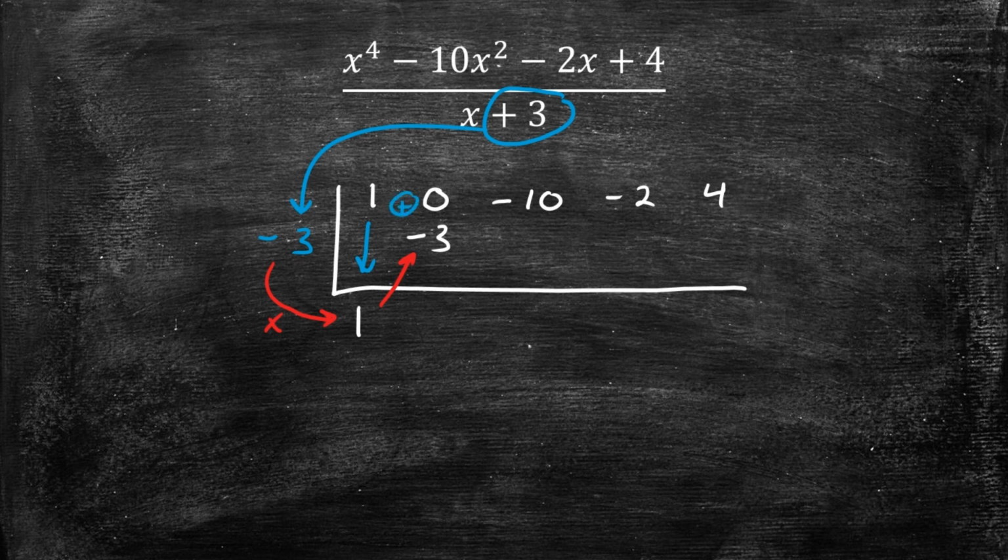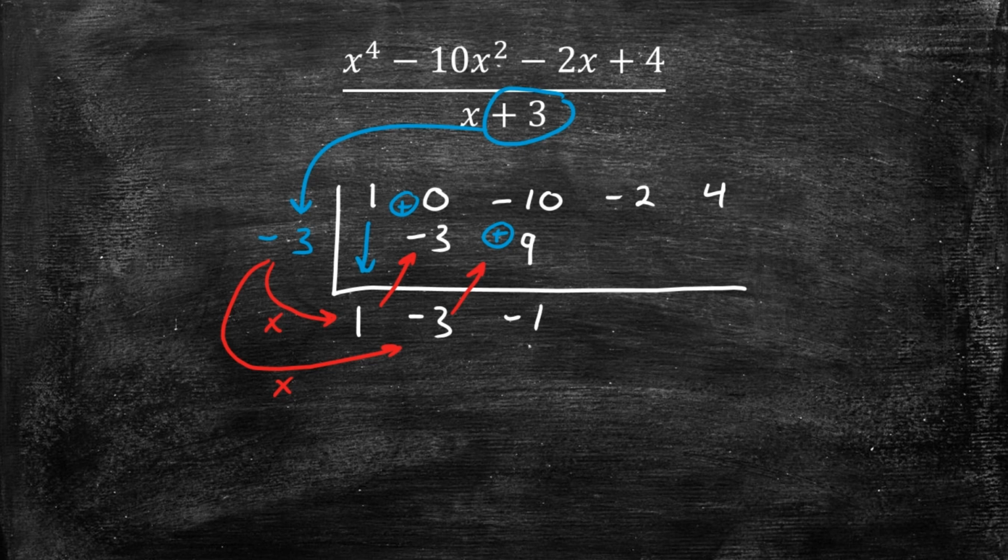All right, so we get negative 3 here. And now we rinse and repeat. Take the outside number, multiply it by that, bring it up here. Negative 3 times negative 3 is positive 9. So we have a 9 here. And now we add those two numbers. All right, and what we get is negative 1.